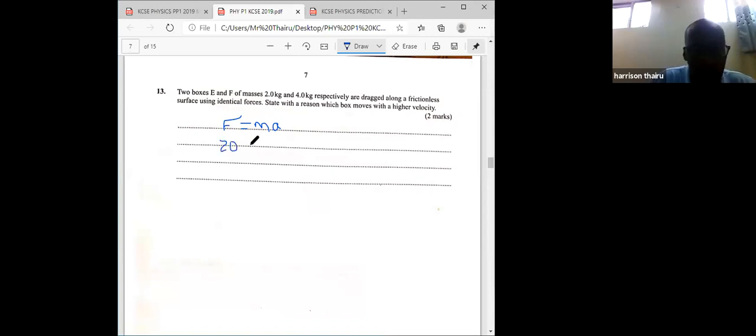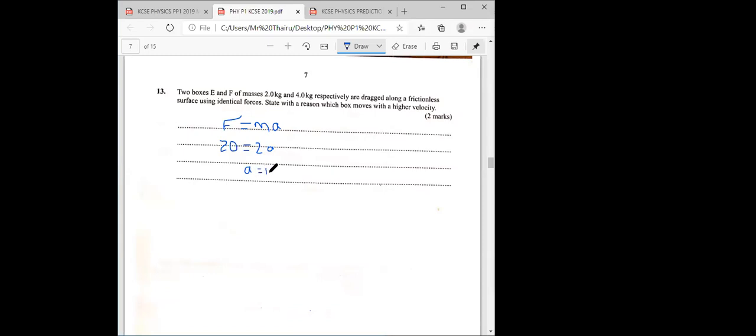Let's say the force is 20 newtons. We deal with a mass of 2 kg. Then our acceleration in this case is going to be 10.